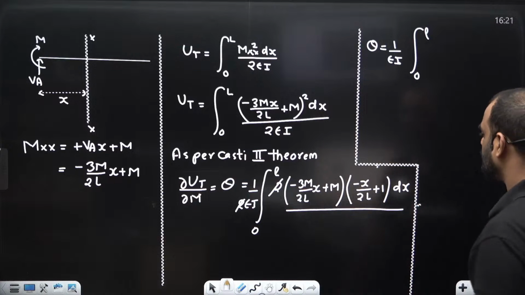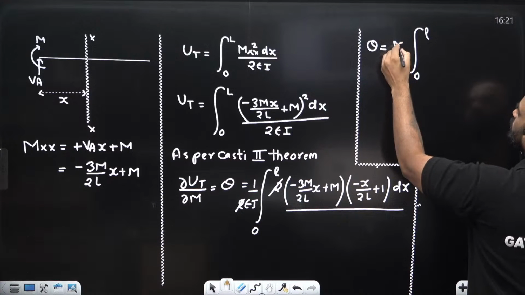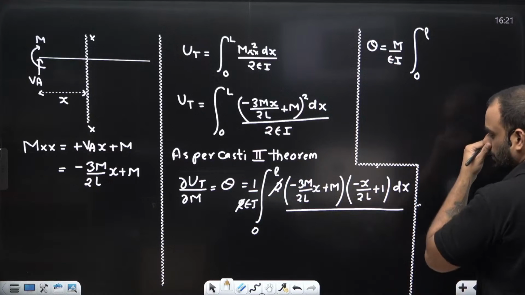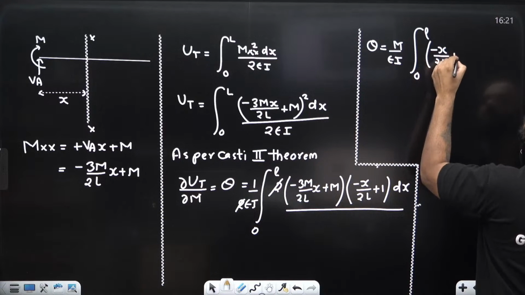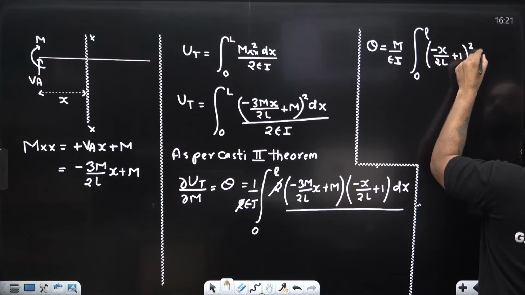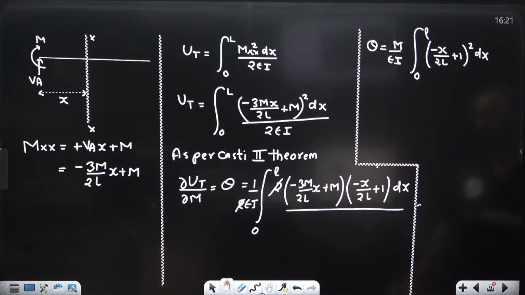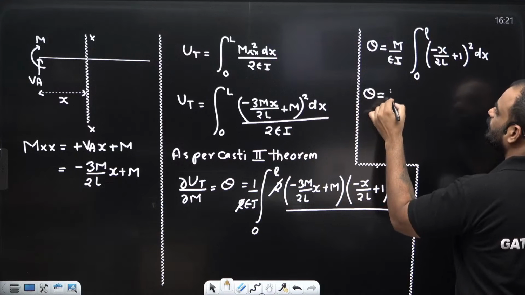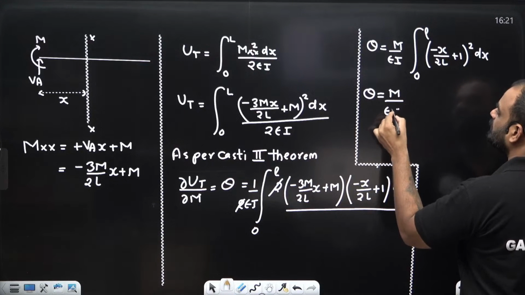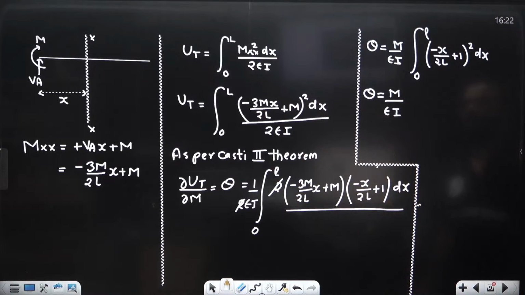Then you need to multiply it. You can take M also outside the integration part. So minus x by 2L plus 1 whole square dx. Okay. So theta is equal to M by EI.